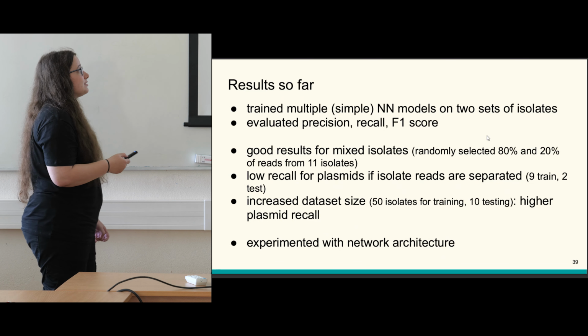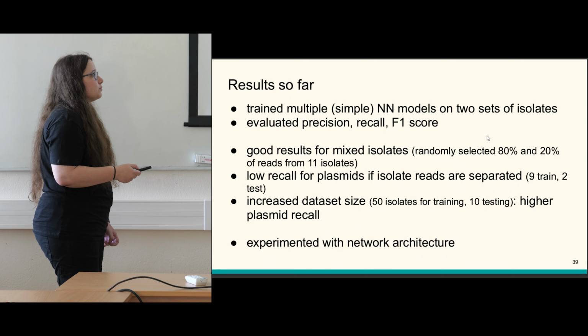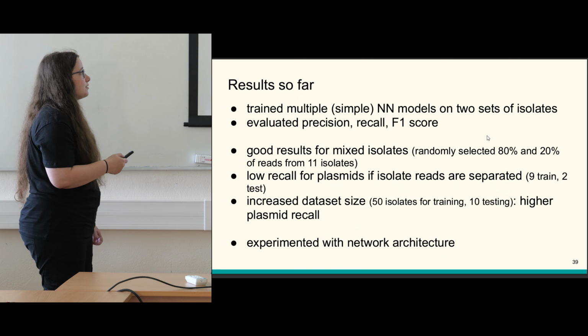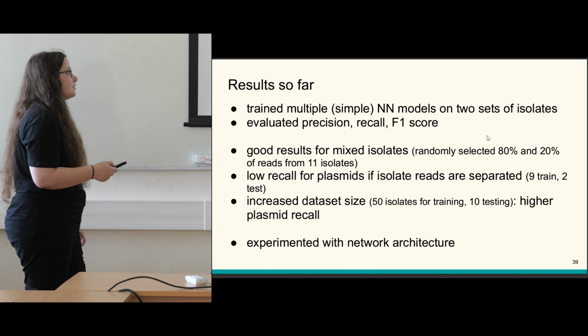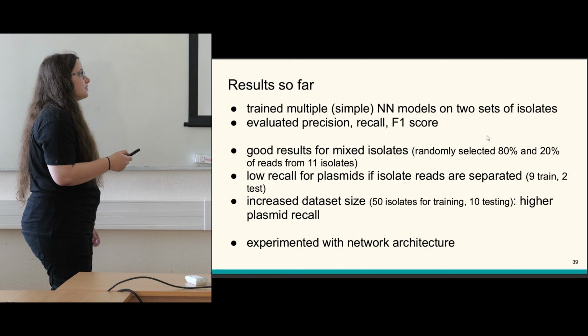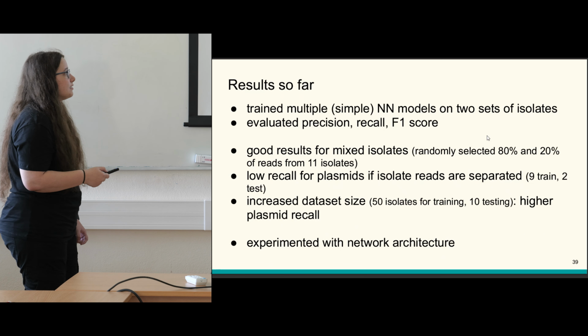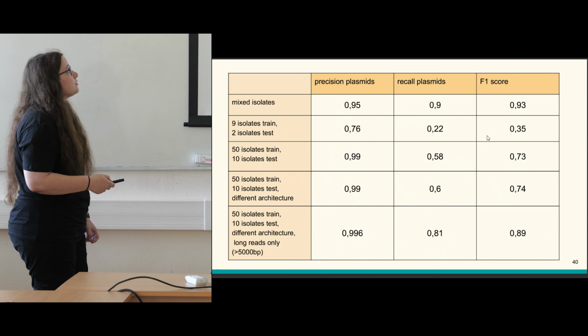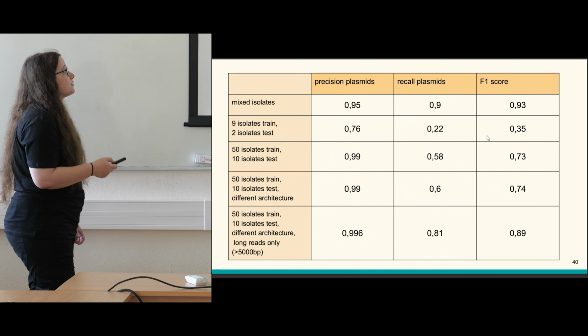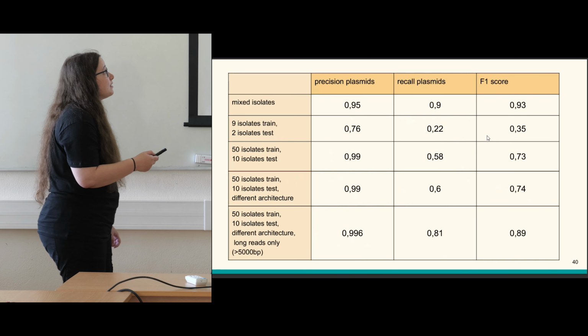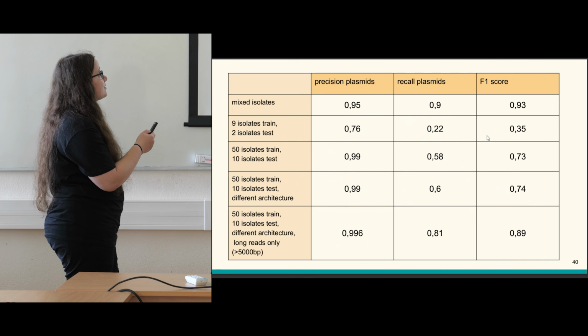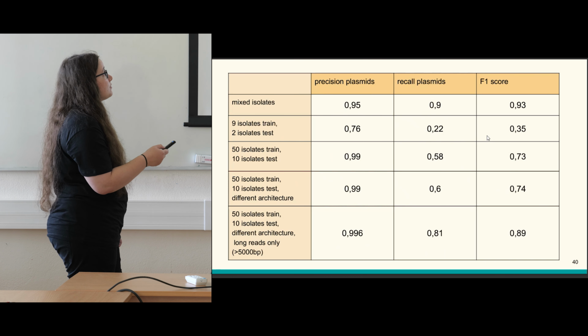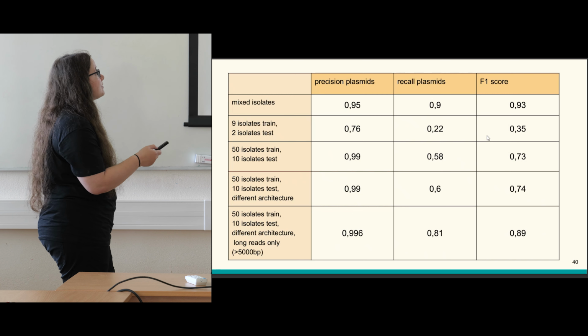Then we tried to increase the data set size, which gave us higher plasmid recall. And then we also experimented further with this larger data set. And also we experimented with the network architecture. So here are the results for some of our experiments. As we can see here, for the mixed isolates case, the recall and precision for plasmids is high.